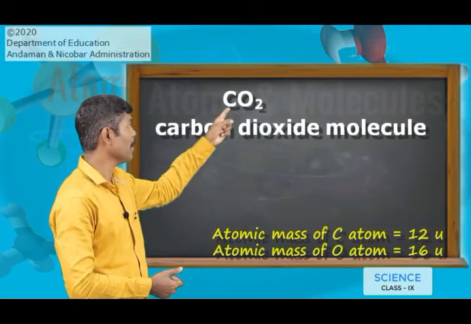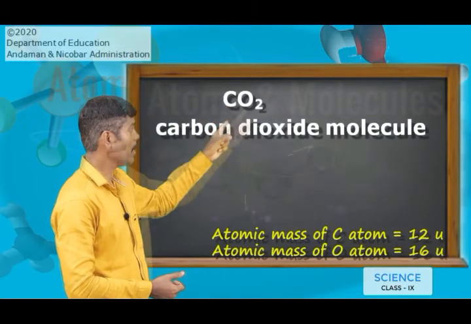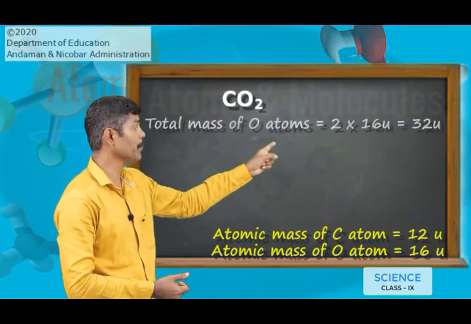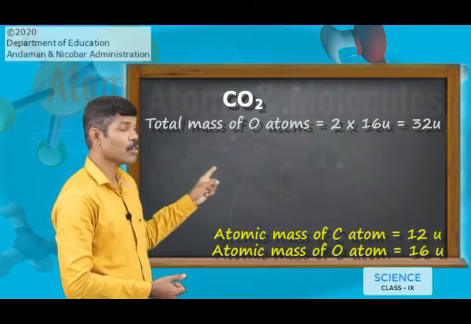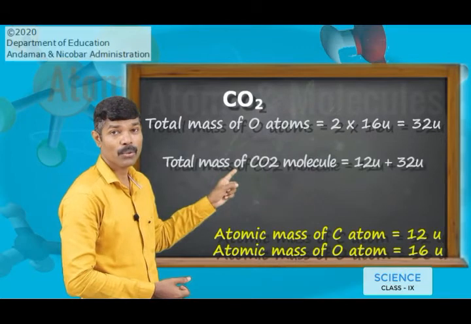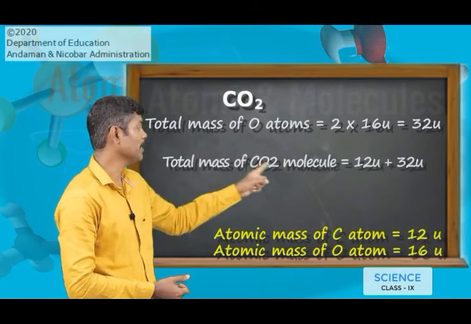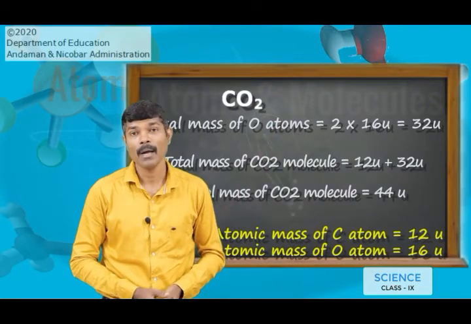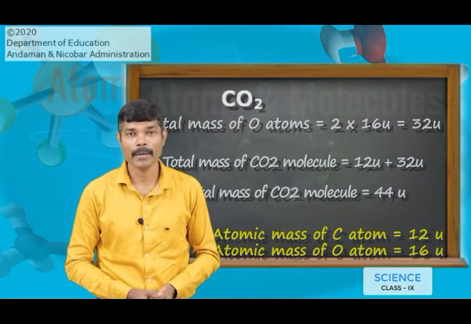So the atomic mass of carbon is 12. Atomic mass of each oxygen atom is 16. So 2 into 16. Here we will get 12 plus 16 into 2 is 32. Here 12 plus 32. Finally we will get 44 U as the molecular mass of carbon dioxide.